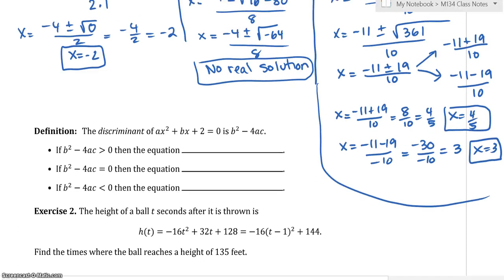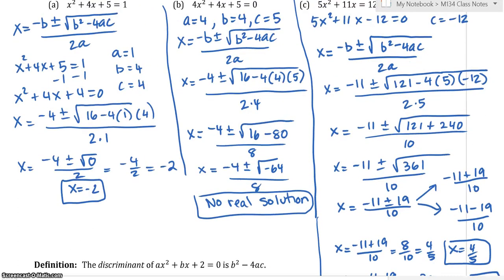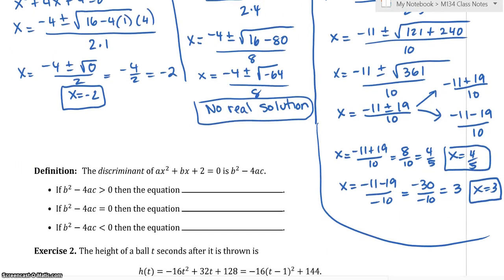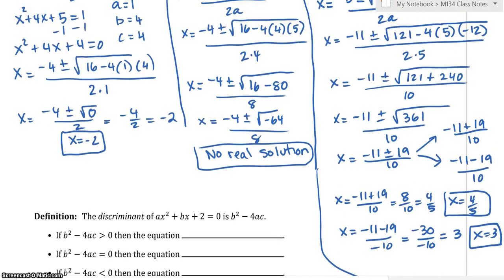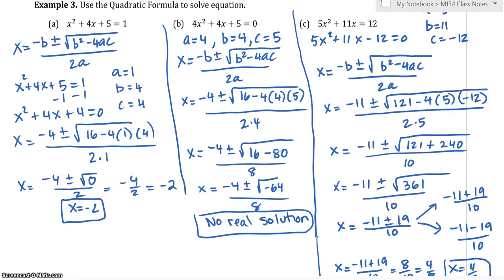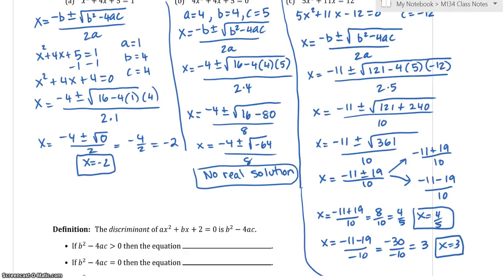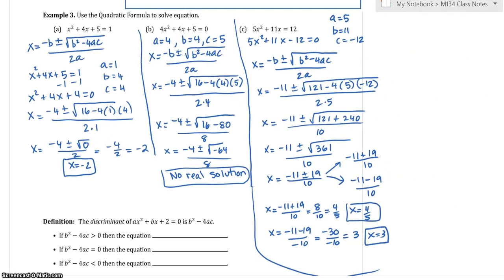So it's all dependent on the inside bit, inside the square root, which is b squared minus 4ac, that bit. You notice if that bit was positive, let's just make this a little smaller so I can look at this all at the same time.